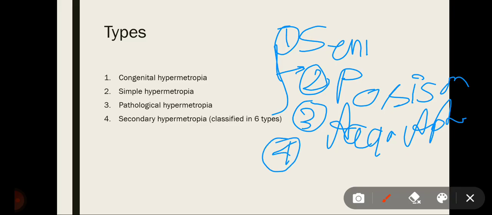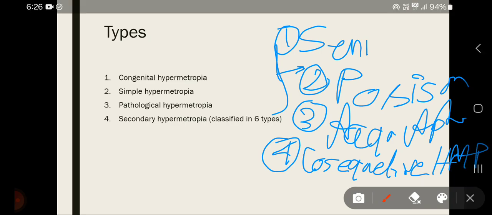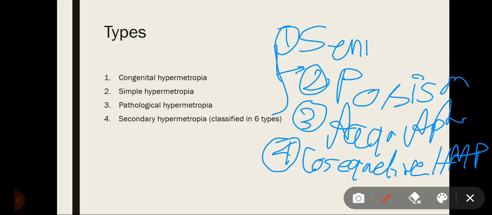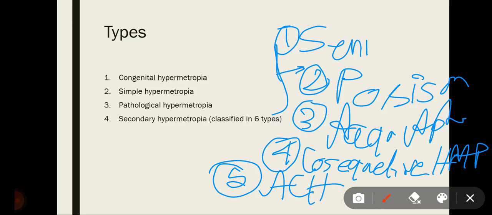Fourth one is, guys, acquired consecutive hypermetropia. Consecutive hypermetropia due to surgically overcorrected myopia, also known as pseudophakic hypermetropia, occurs due to implantation of underpowered intraocular lenses. And fifth one is, guys, acquired curvatural hypermetropia, maybe due to post-traumatic or post-inflammatory corneal flattening.